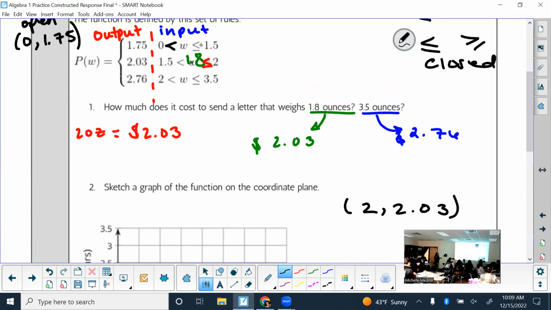We still need to graph the 1.5, but we will have a point on the 2.03. What type of circle will be on that one? A closed one, because that one has the equal to part in there. So we'll get to that one. Class, what about for the 1.5? What's the output?